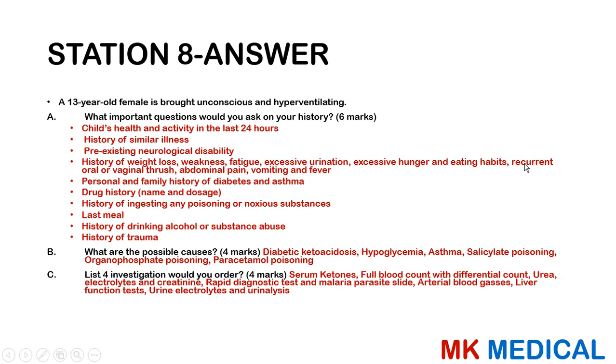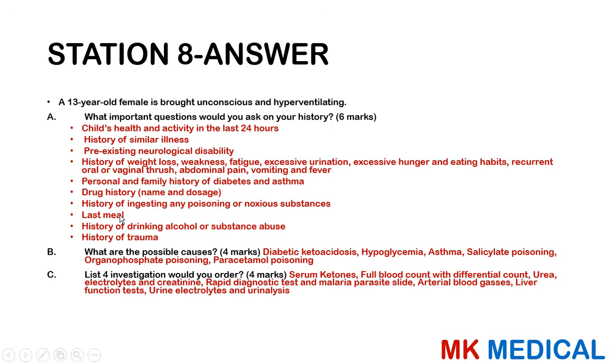Is there any recurrent oral thrush or vaginal thrush, abdominal pains, vomiting, fever? All these things are pointing towards diabetes as well as infections. Is there any personal or family history of diabetes and asthma? Have they taken any drugs? It could be like a toxin. Have they ingested any poisons or any noxious substances, any open containers that you may have noticed near this patient?